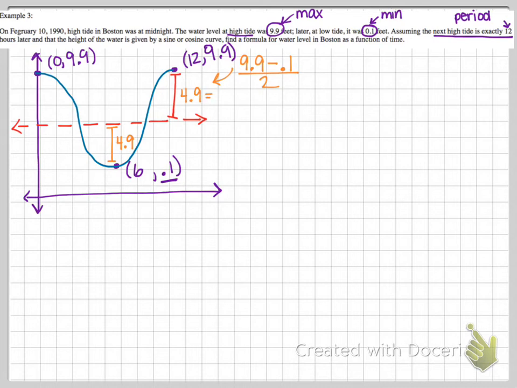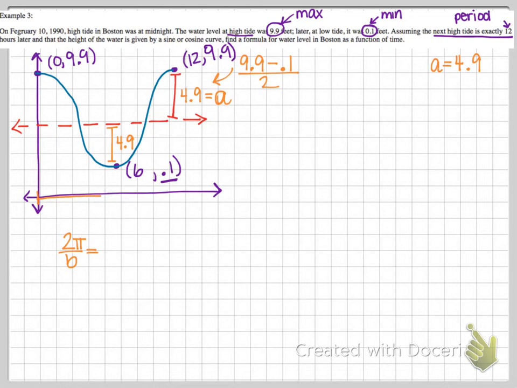Remember, those distances are called our amplitude. So right now we've got A. A is 4.9. Real quick, let's find B. Remember, 2 pi over B, set that equal to the period.